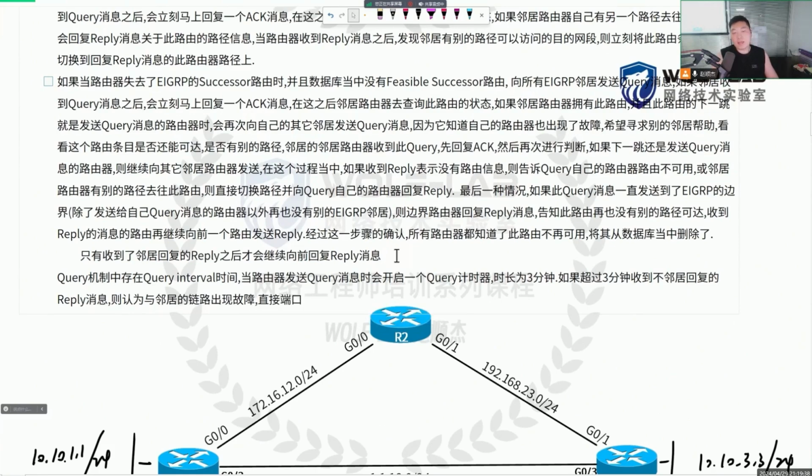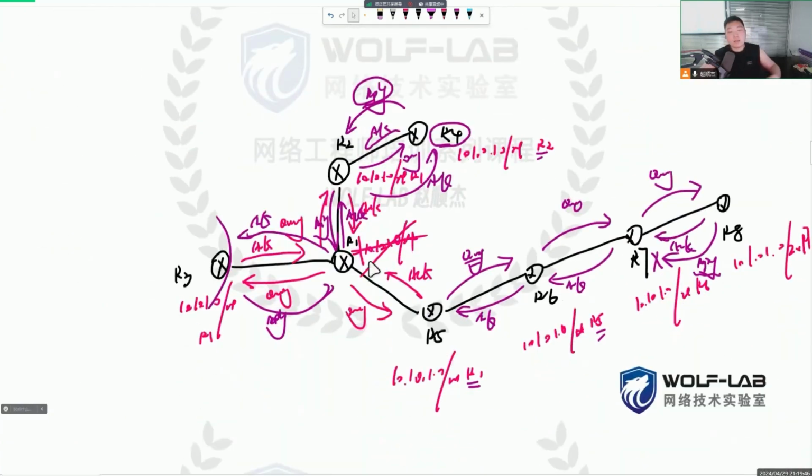It can't reply to R6, R6 can't reply to R5, and R5 can't reply to R1. If after 3 minutes R1 does not receive the reply message from this path, then after more than 3 minutes R1 disconnects the EIGRP neighbor relationship with R5.